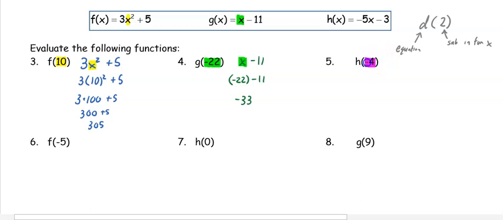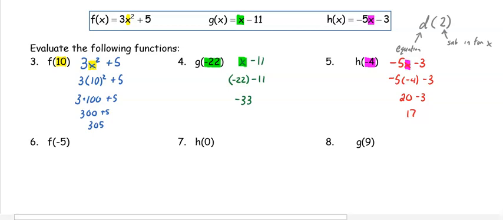So we're going to take negative 4 and put it for x in the h equation. So the h equation is negative 5x minus 3. We're going to substitute negative 4 in for x. So we would have negative 5 times negative 4 minus 3. Then we use our order of operations. So negative 5 times negative 4 is 20, minus 3 would get us 17.